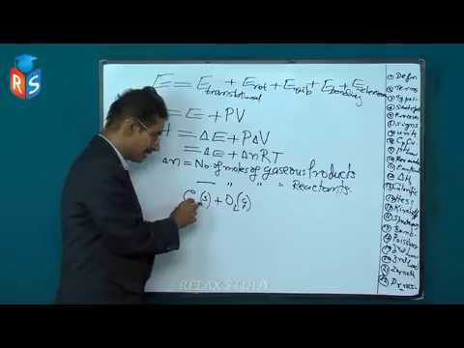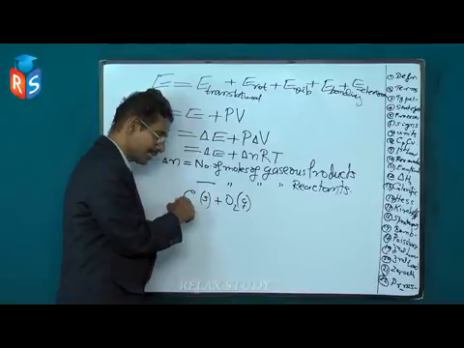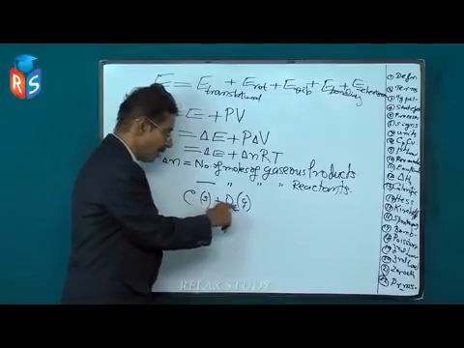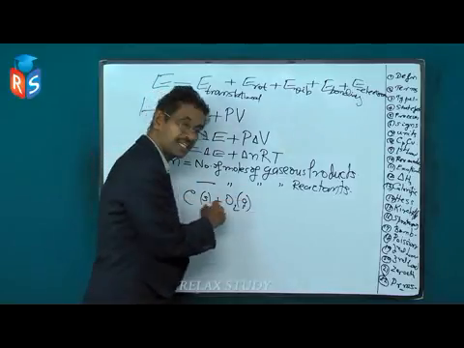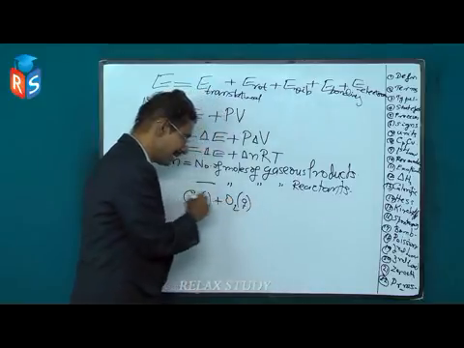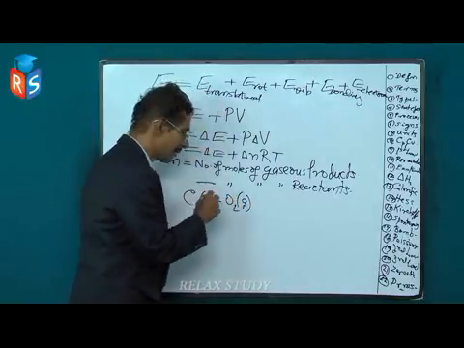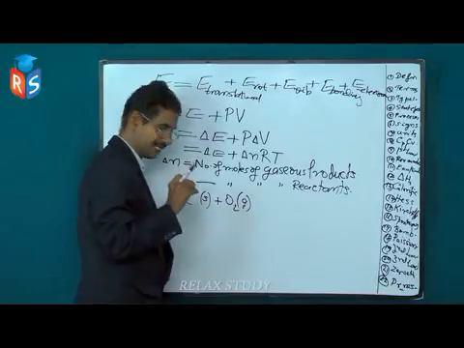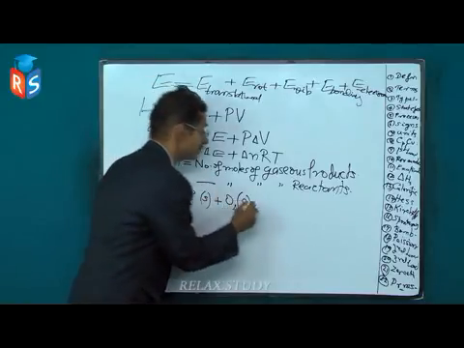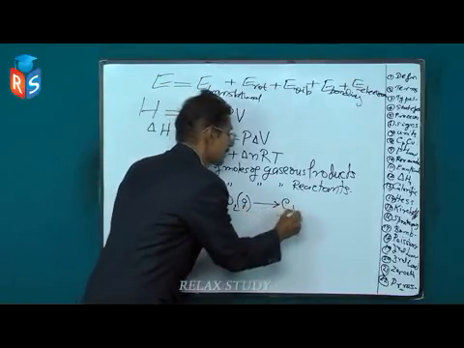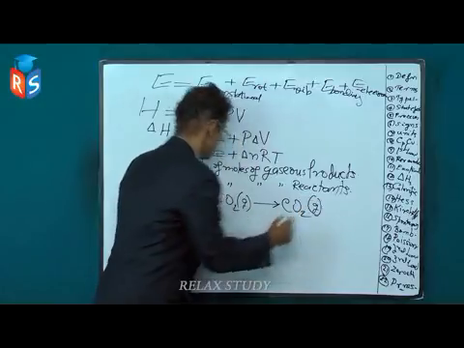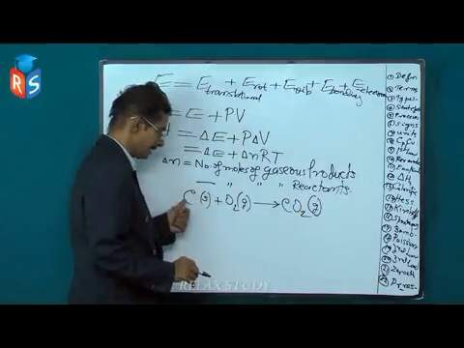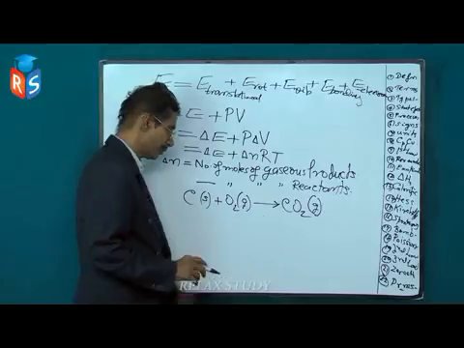C under normal conditions is a solid, therefore you put small s to indicate that it's a solid state. Oxygen under normal condition, of course, is a gas, therefore you indicate g within brackets. That is, for thermochemical equations, the physical state is normally indicated, giving CO2(g). C plus O2 giving CO2(g).